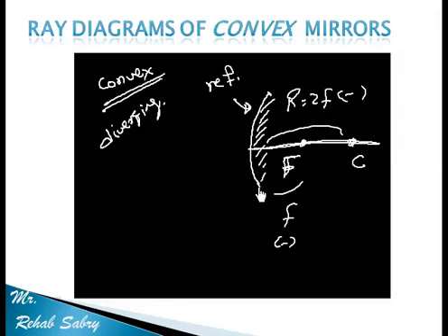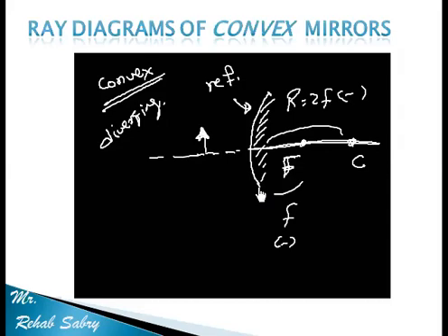Because they are behind the mirror. This isn't problems, I just make interaction. I know that we didn't study these signs, but this is some approach, okay? Where will we put the object? We will put the object here, because we don't put the object behind the mirror, we put the object in front of the mirror.